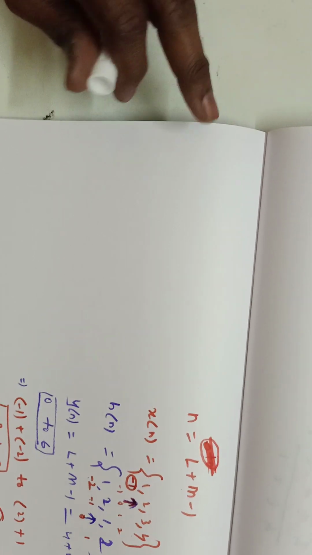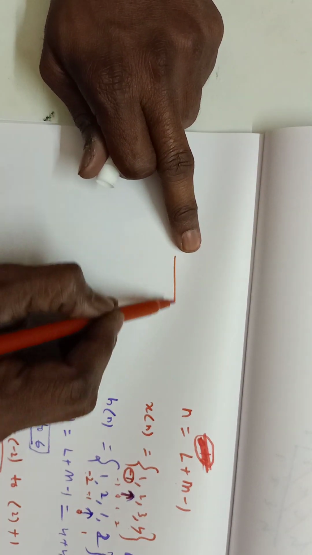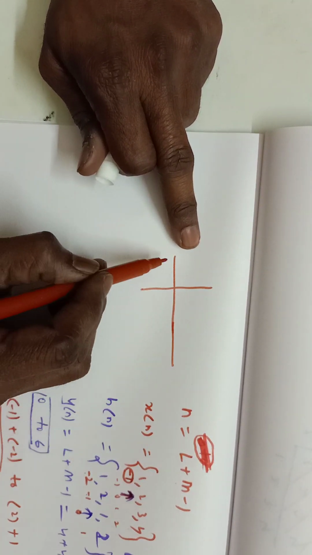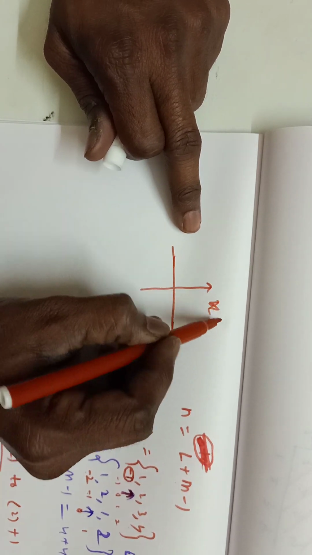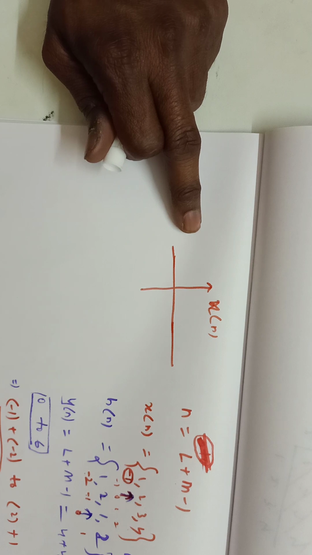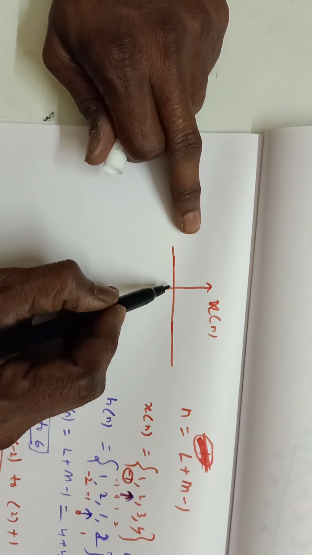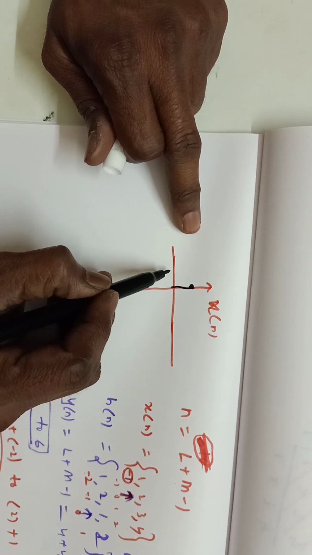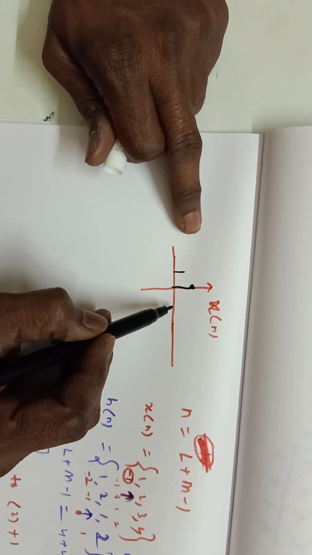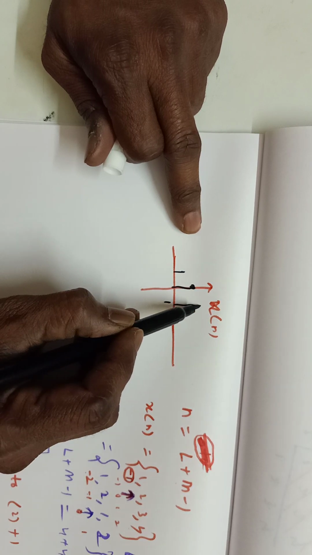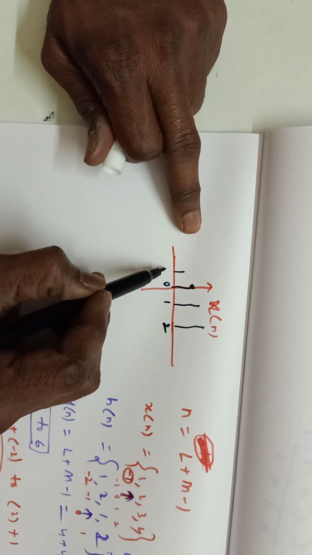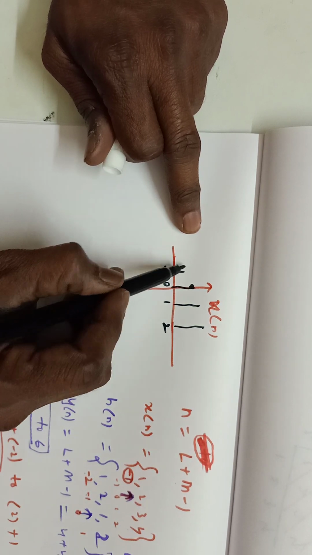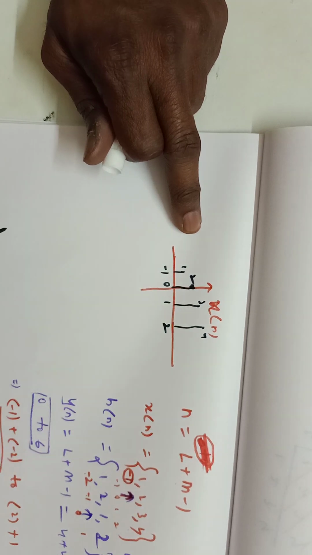So in the graphical method, let's see. This is x of n. What are the values in x of n? At origin the value is 2, at -1 the value is 1, at 1 the value is 3, then 4. So it is not starting from the origin, it starts from -1: 1, 2, 3, 4.